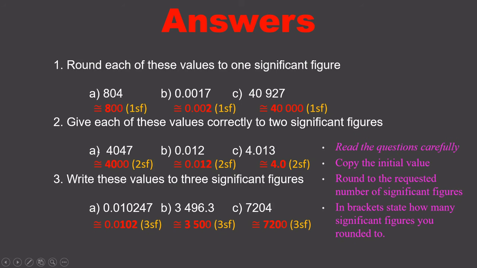In question 2A, however, the 4 and the 0 are significant because they were significant in the original value, but the last 2 trailing zeros are not significant. Same as in question C, that 0 is not only significant, but it is also necessary that we write it. If we're told to round to 2 significant figures, I want to at least see 2 digits there.